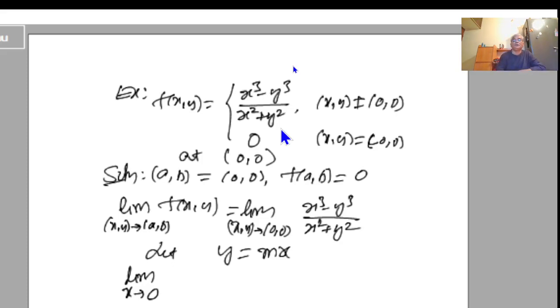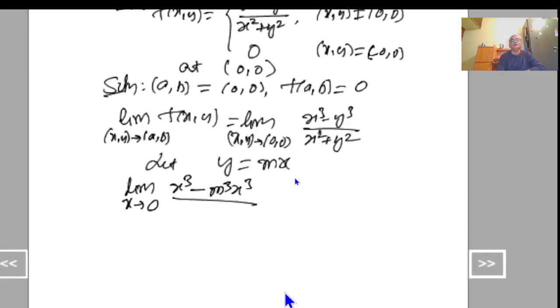So the numerator is x cube minus y cube, and y cube is m cube x cube, divided by x square plus y square, and x square plus y square is m square x square.